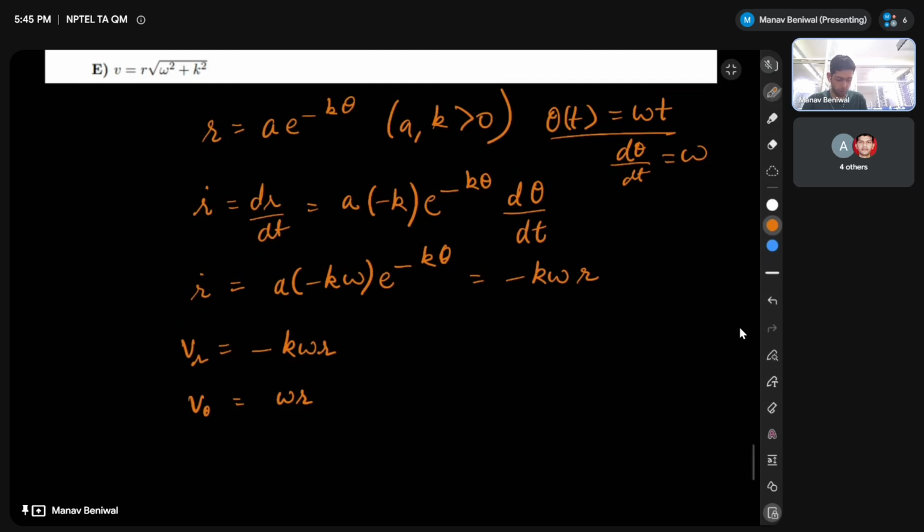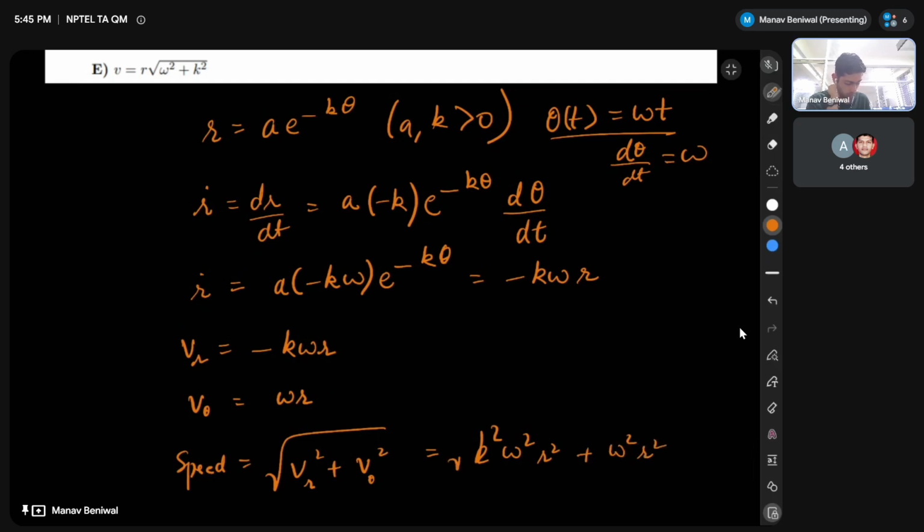So I have these two components, therefore my speed becomes the square root of v_r squared plus v theta squared. And if I do this, I'll have k squared omega squared r squared plus omega squared r squared, and take its square root.